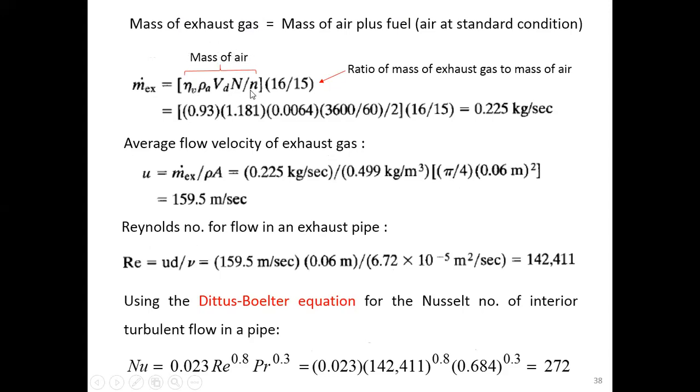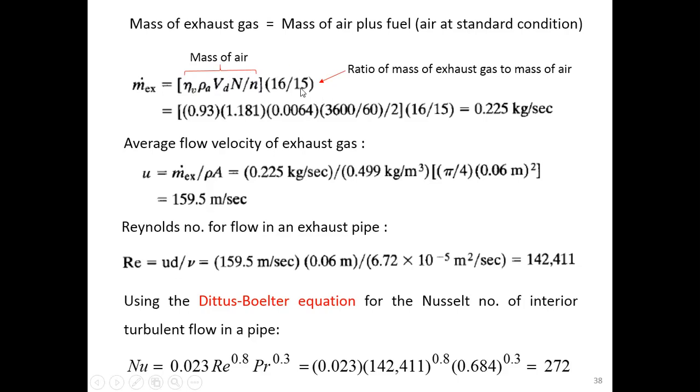This expression tells us the mass of the air comes from the volumetric efficiency, the density of the air, the displacement volume, the given speed of the engine, and the number of crank revolutions. Our engine is 4-stroke or 2-stroke? Here it is 4-stroke, so this is 2. So this is the mass of the air.